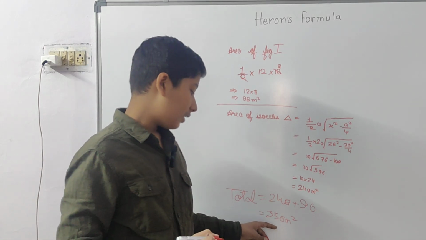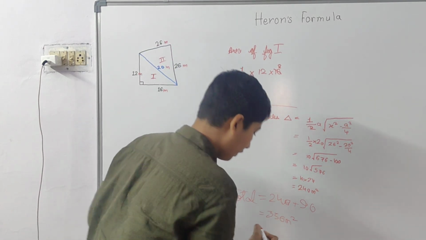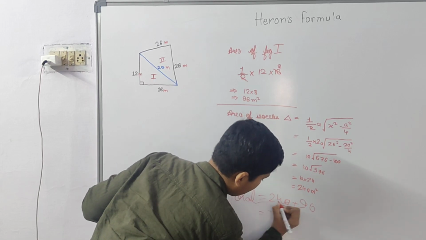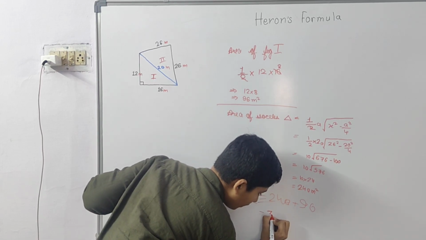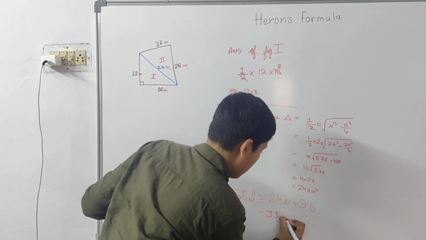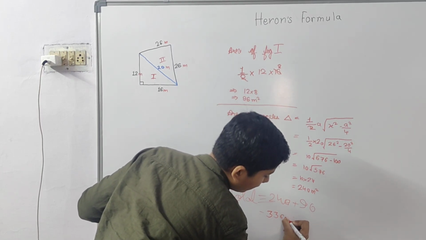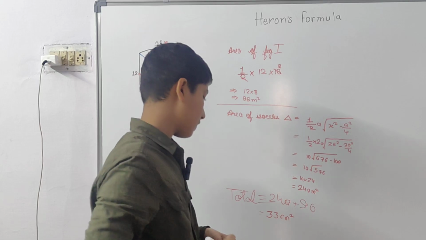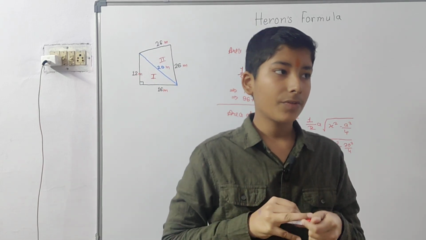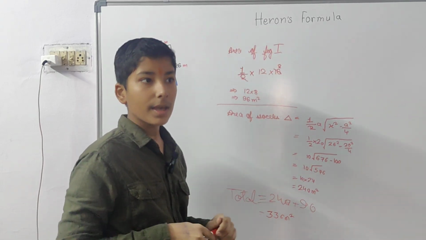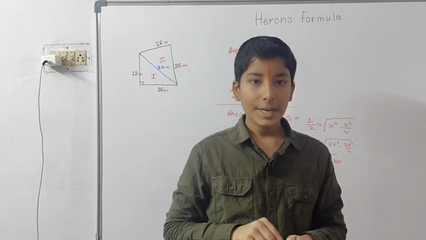It is not understandable, but still let me write it. 336 meter square is our total area of this quadrilateral. Now we will come to our next question.